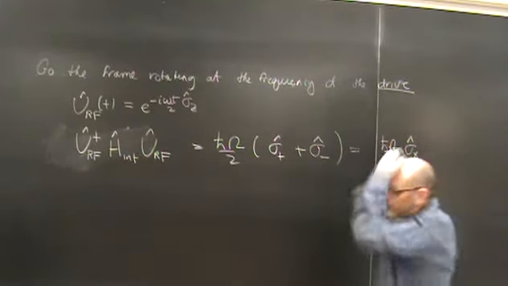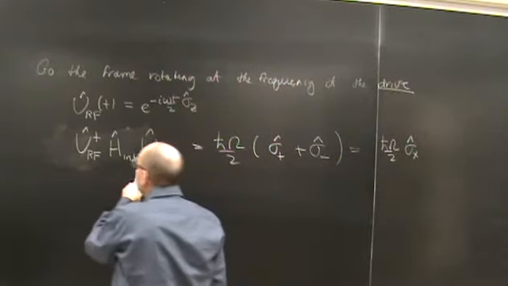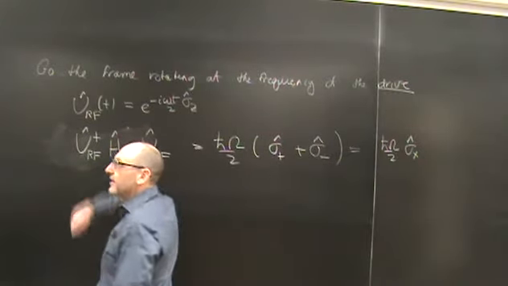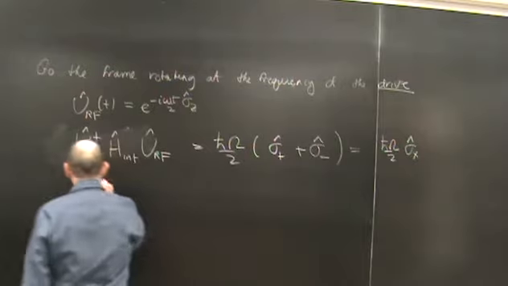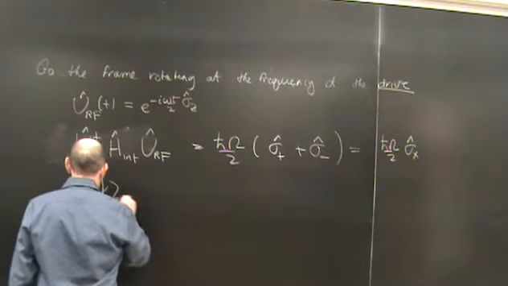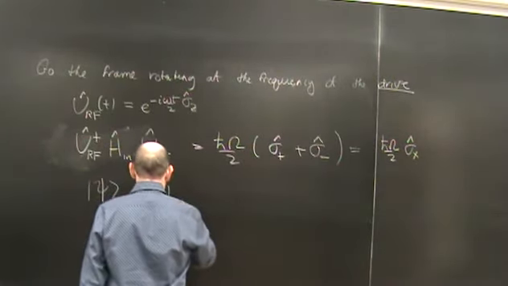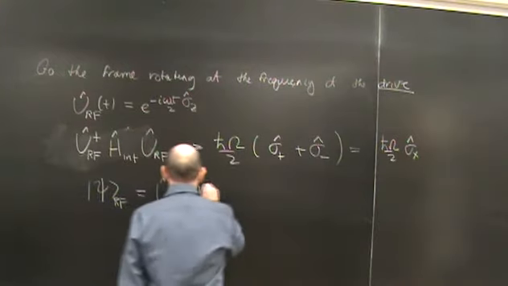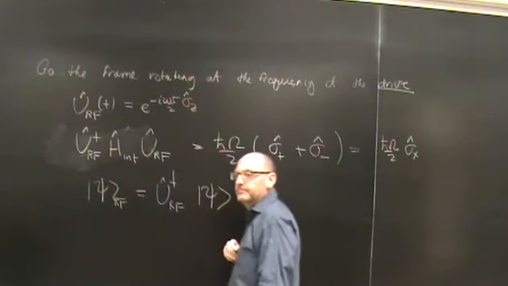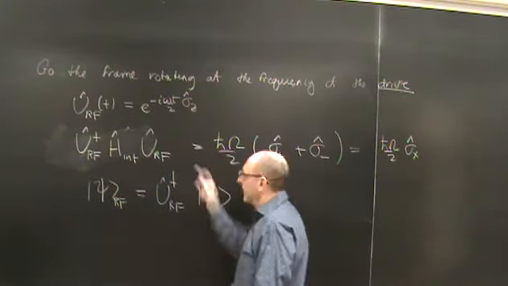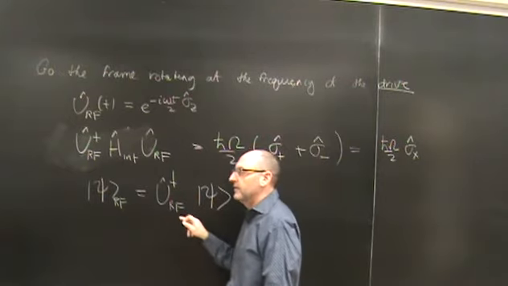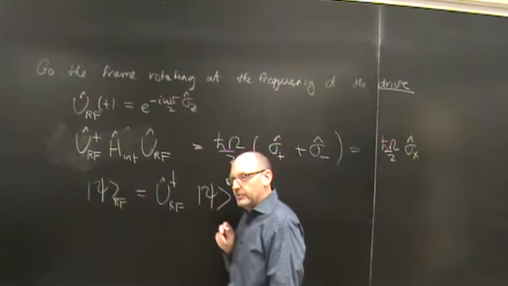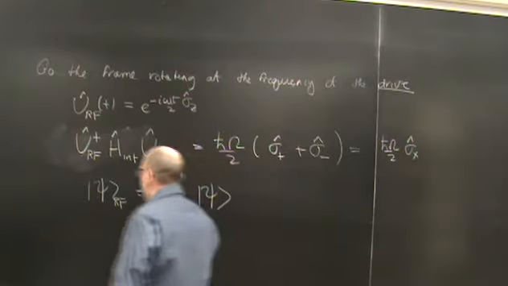So now if we're going to do this transformation, we need to do the state in the rotating frame. I need to take out that rotation from the state in the Schrodinger picture, just like we did in the interaction picture, but now instead of U naught, it's U rotating frame.